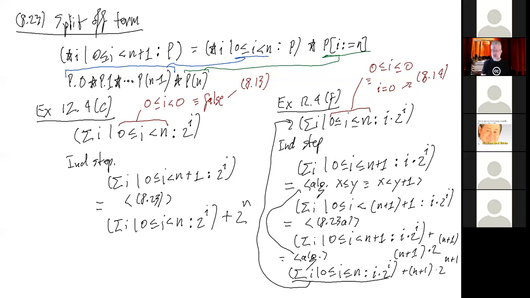Here, let me actually make a new page for that. So let's set up C, 12.4 C. Okay, had a minor panic attack that I'd forgotten to record, but I'm recording, so we're good.